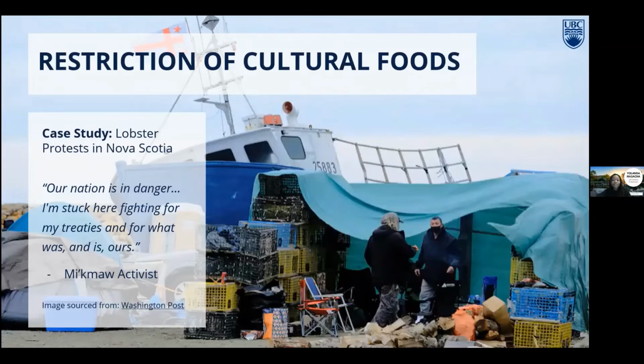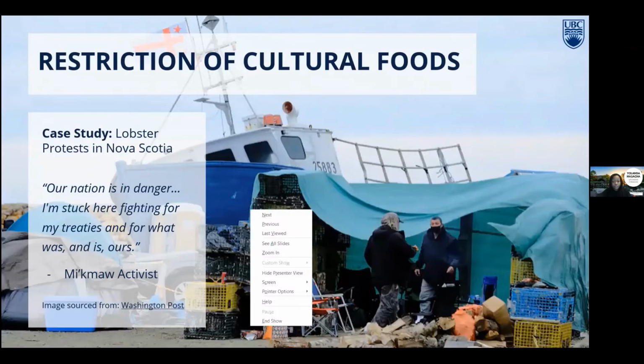First Nations have the right to traditional and customary governance of traditional lands, waters, and resources, including fisheries. However, in Nova Scotia, non-Indigenous commercial lobster fishermen protested against the Indigenous lobster fishing rights, which led to conflicts.